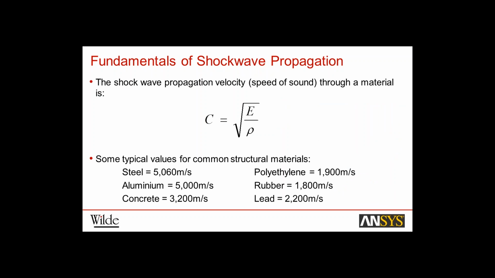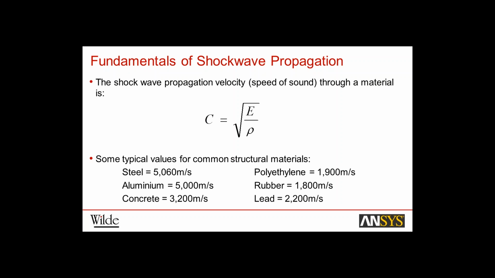So next, I'm just going to move on and touch on some of the fundamentals of shockwave propagation. And really, we start off by looking at the equation of speed of sound, c. So looking at the basic equation, this is simply the square root of the elastic modulus of the material divided by the density of that material.